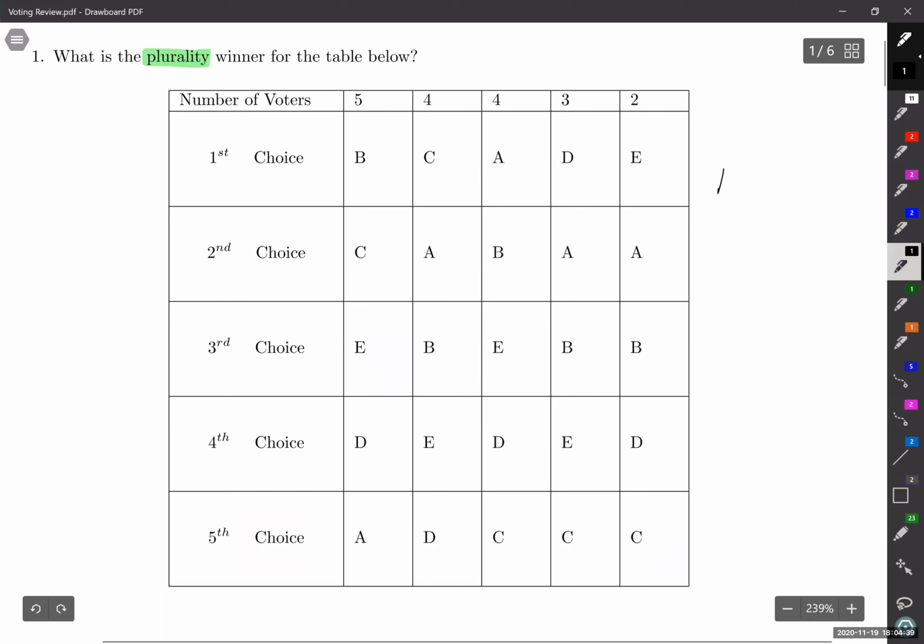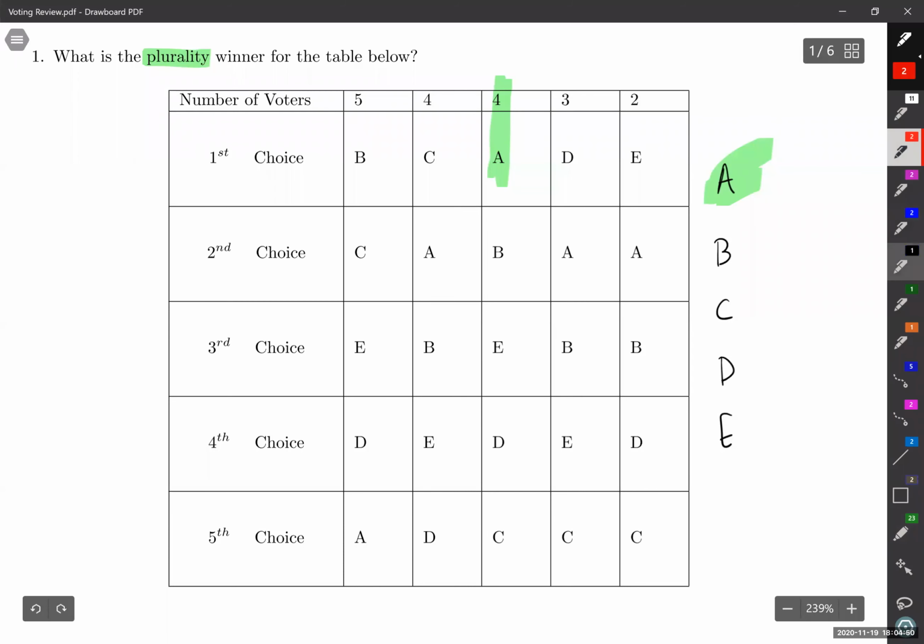We have a few different candidates, A, B, C, D, and E. Now A secured 4 points. B secured 5.